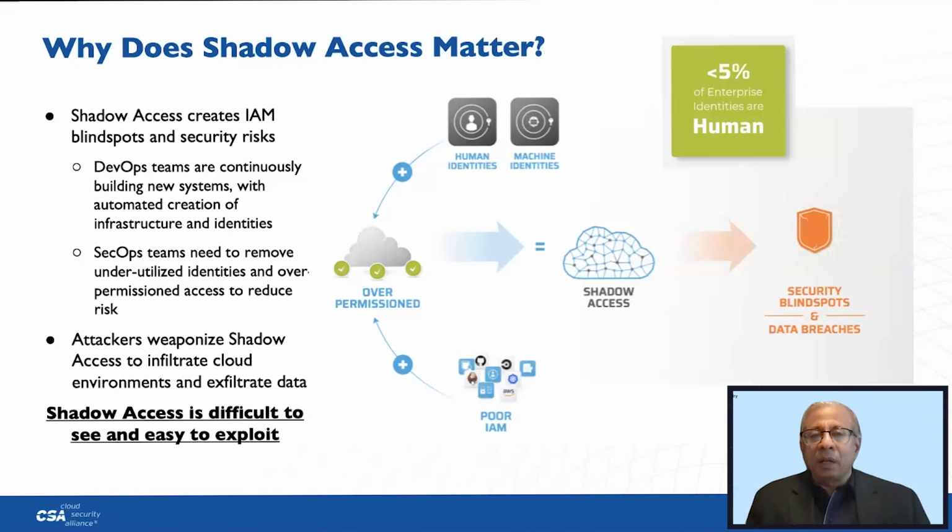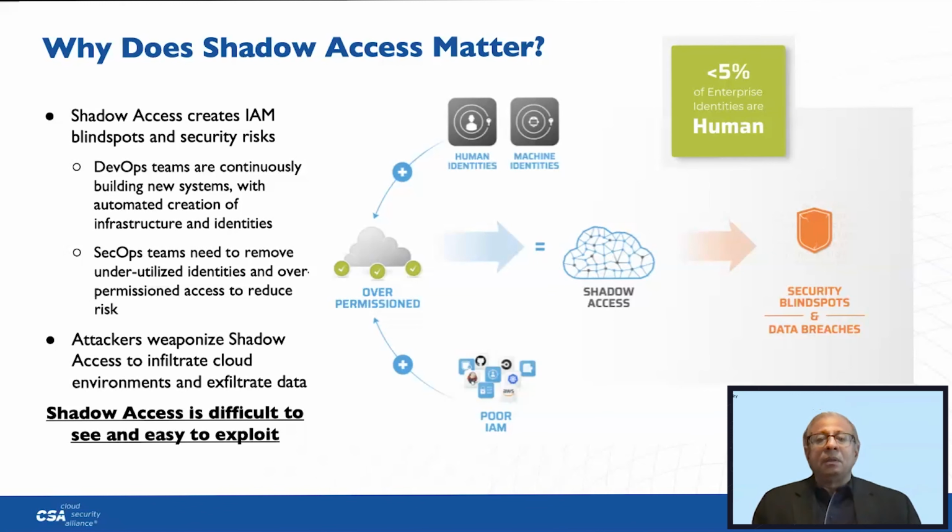And these non-human identities, which make up a majority of the identities of the cloud platforms, are attached to your cloud services, your APIs, your infrastructure, and third-party access. So there is a very different world we live in terms of the environment in which the cloud lives in. Therefore, shadow access is very easy to be created. You generally live in an over-permissioned environment. A lot of automation creates shadow access, and that creates massive security blind spots as well.